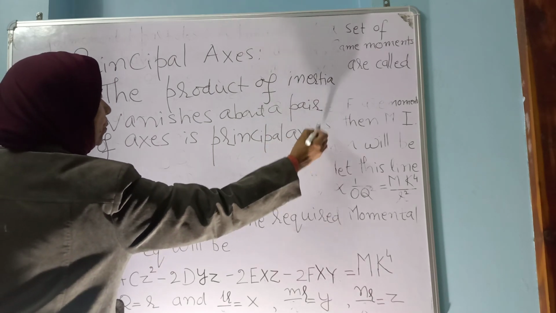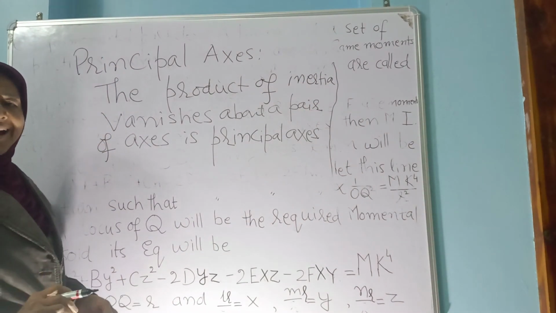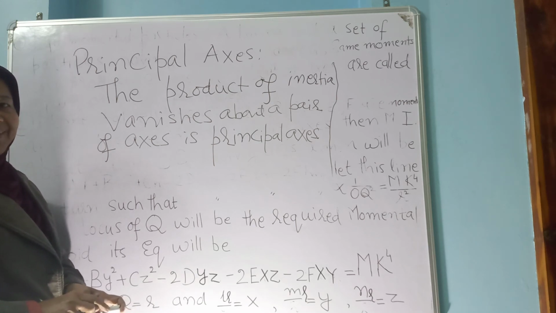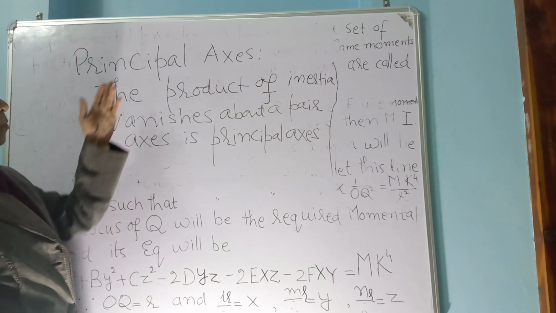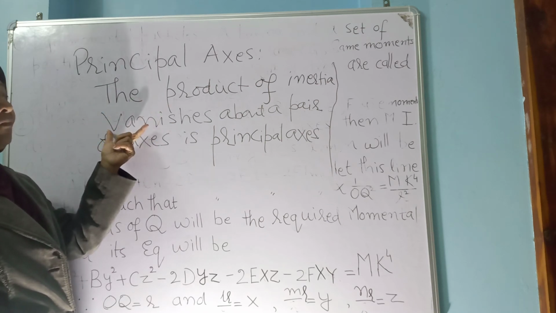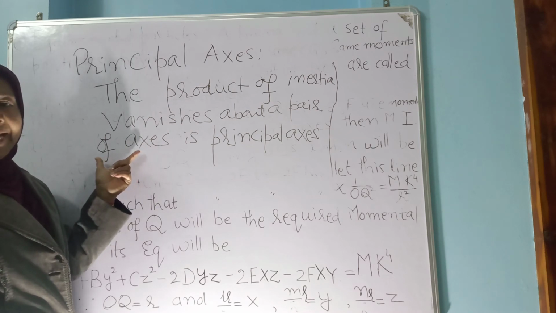So, using these 3 definitions, I am going to take a number of questions next time. Okay, I hope this is clear to all of you. What are principal axes? The product of inertia vanishes about a pair of axes.